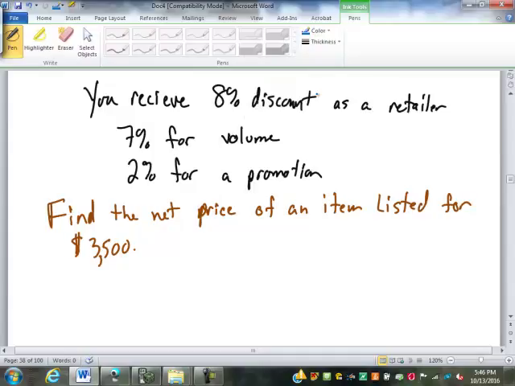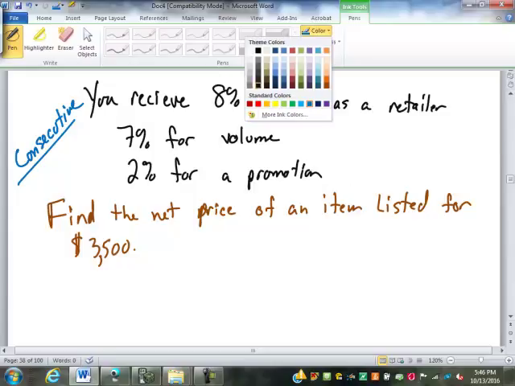Now, if you look at this, well, these 8, 7, and 2, that's just 17%. Are we getting a 17% discount here? No. The discounts are not applied simultaneously. Simultaneously means all at once or all at the same time. That would mean you just add them together and use that total percent. They're applied what is called consecutively. Consecutive discounts are applied one after the other.